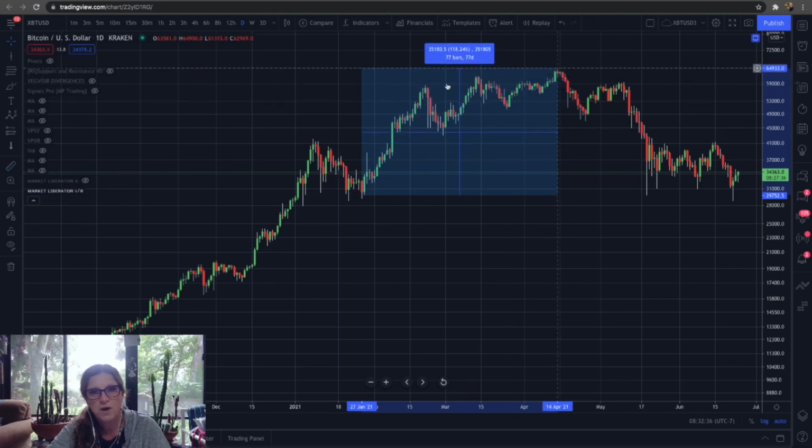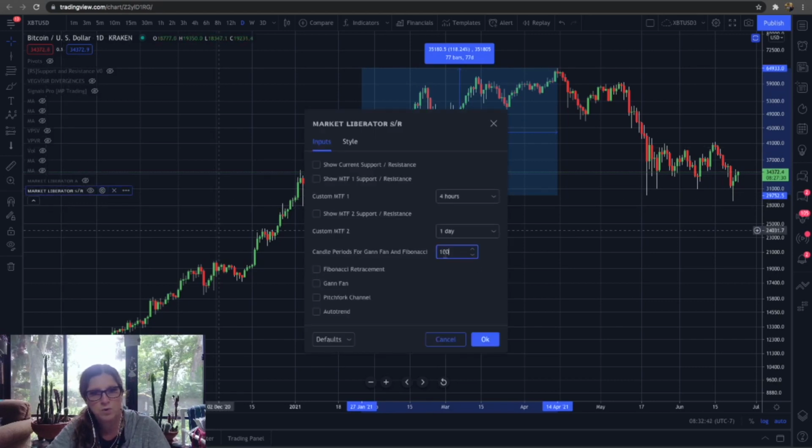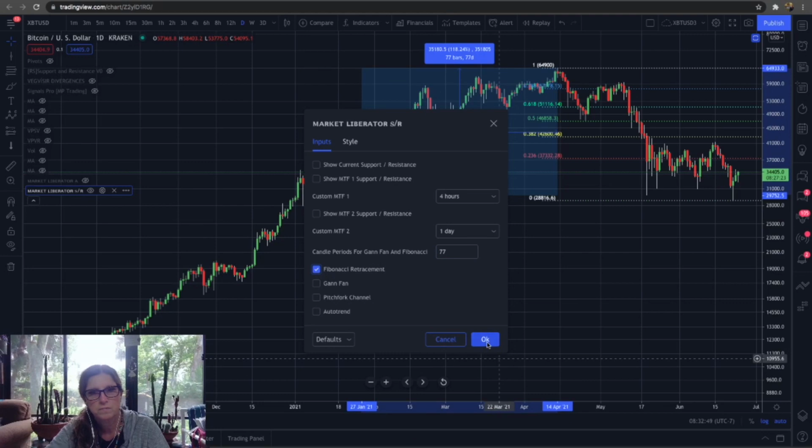Okay, that's 77 bars. So you go back into your indicator, and right here you put in 77 bars and hit Fibonacci retracement, and there you go. Puts it on there right for you, right where it should be. Very neat.